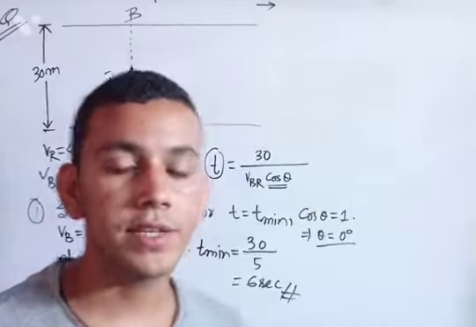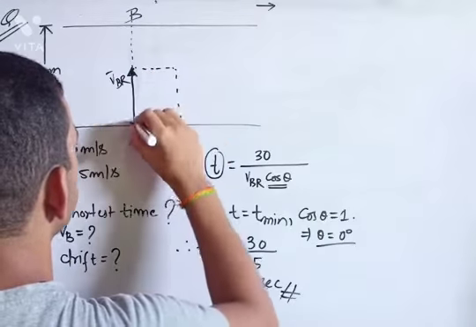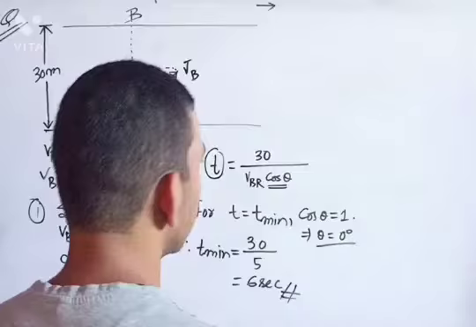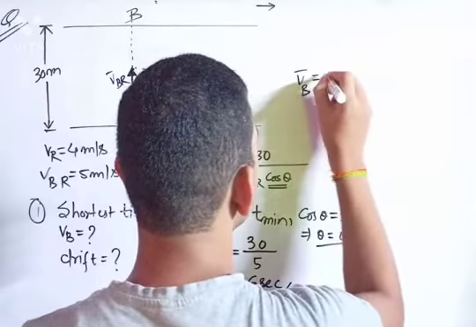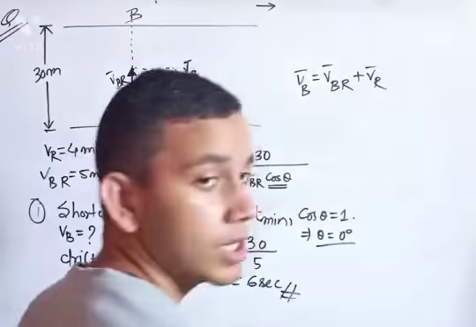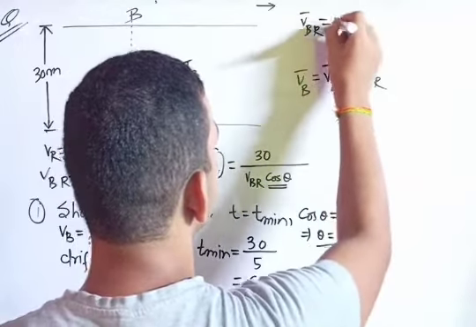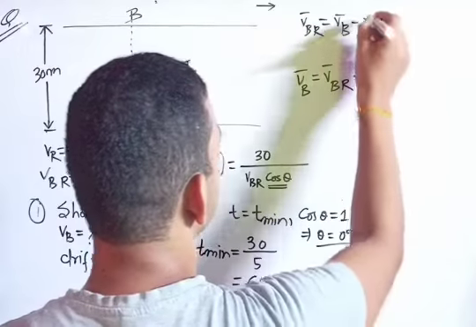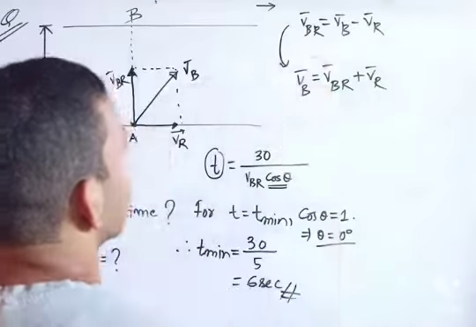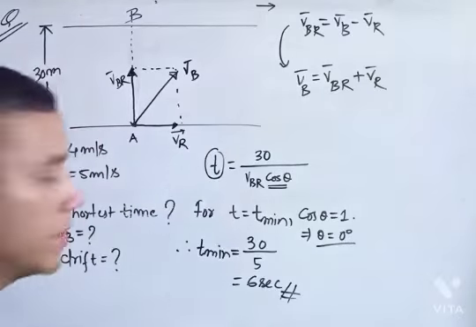Now we have to find the net velocity of the boat. This vector represents the net velocity vector, VB vector, because we know that VB vector is equal to velocity of boat with respect to river plus velocity of river. This relation comes from VBR is equal to VB minus VR. If we take the VR vector to the left hand side, then we will get this expression. So if we join these two vectors vectorially, we will get VB vector.